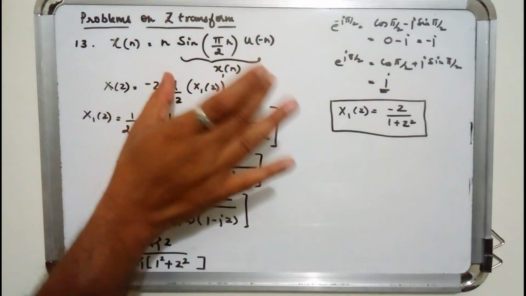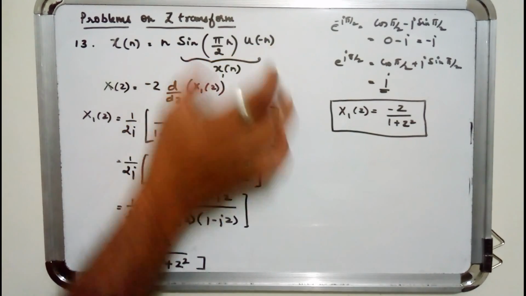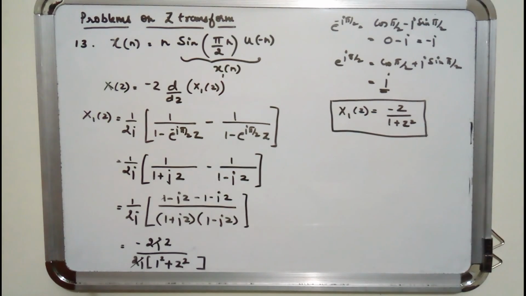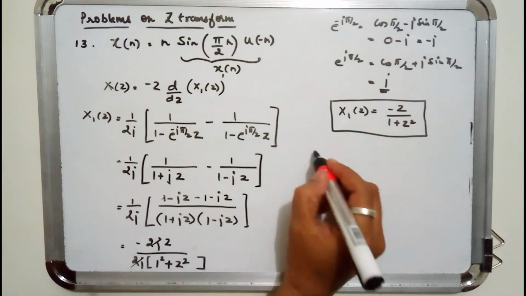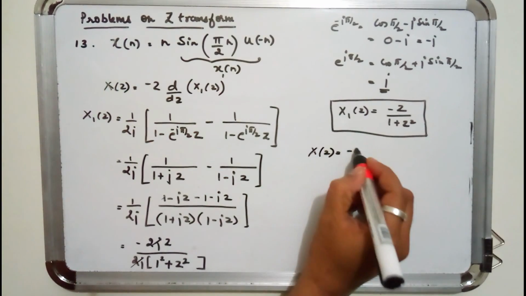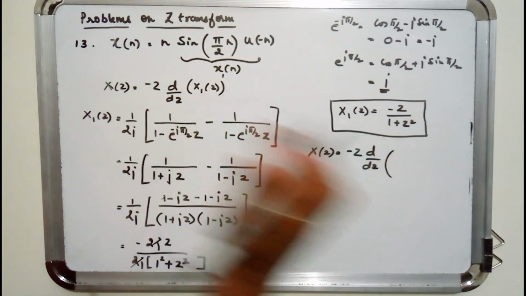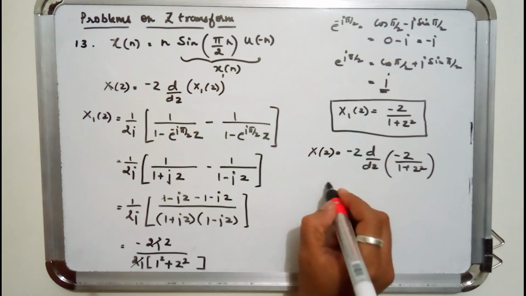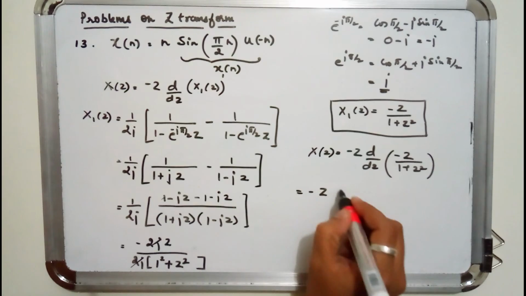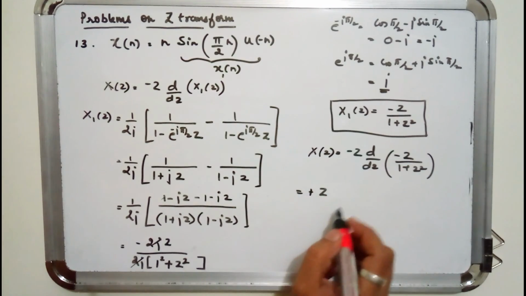Please be sure of what you're doing. The z transform of this function we have calculated, it is minus z divided by 1 plus z square. Now we want to find the z transform of x of n, that is x of z. So x of z is equal to minus z into d by dz of x1 of z, which is minus z divided by 1 plus z square. So it is minus z; this minus I can take out here, and I will be getting plus.